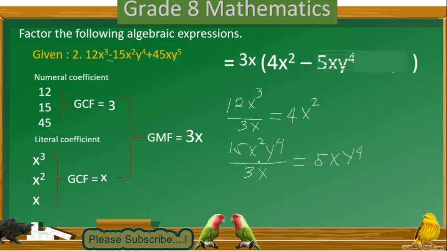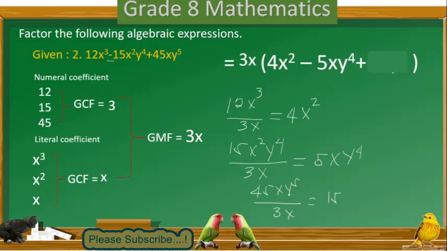Then we write it there. Then the last one is 45x y to the fifth. But first we are going to copy the sign. Then 45x y to the fifth over 3x. 45 divided by 3 is 15.